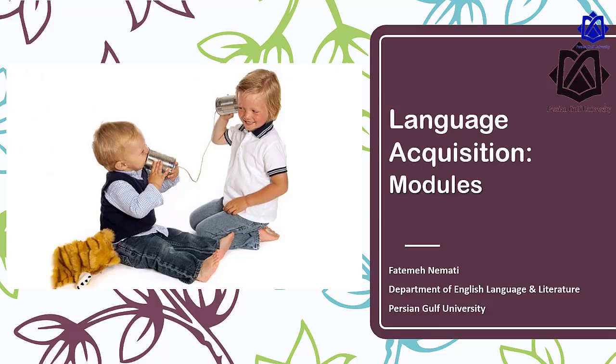So when talking about the stages, we take the language as a whole, but in today's video, we are going to divide language into its components and look at what happens in learning the different units of different modules of language. That is what happens in phonology, morphology, syntax, semantics, and pragmatics. How do children learn these different components of language?